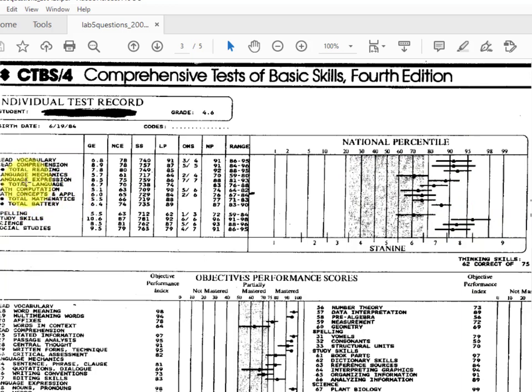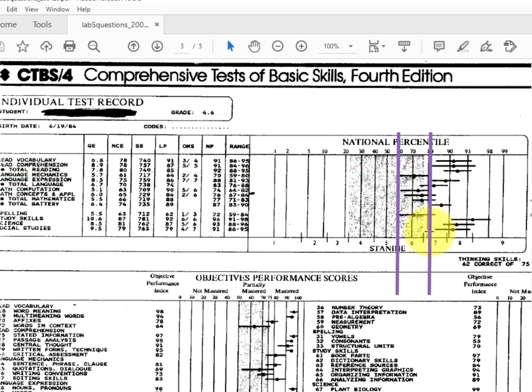Let's look at language mechanics, okay, which is this fourth one. 1, 2, 3, 4. It's this one right here. In this one, the student scored a 70. Now, according to the standard error of measurement, remember, the test manufacturer believes that this student scored a 70, but they could have scored as low as a 59 or as high as an 80.